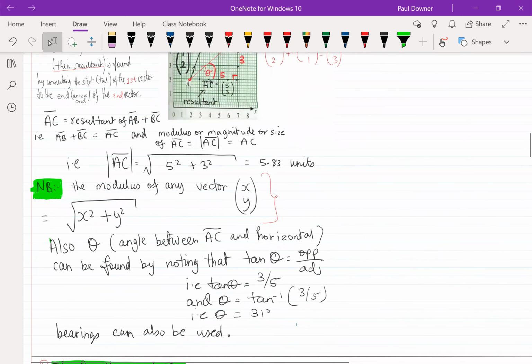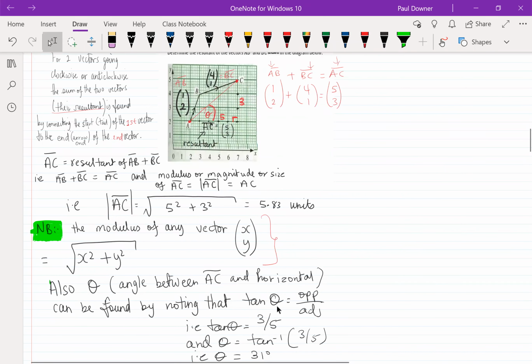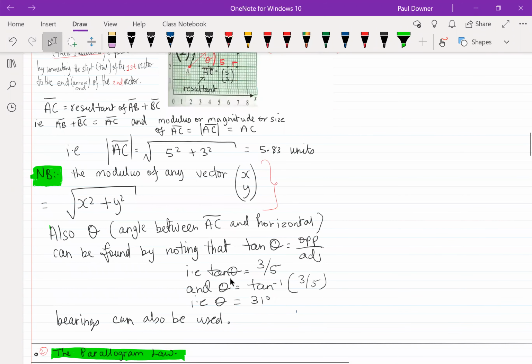So I could say that tan theta is 3 over 5, because 3 is the opposite and 5 is the adjacent. So that's not a problem. If I have tan theta is 3 over 5, then I could get theta by saying inverse tan of 3 over 5, right? But in this case, you would have to put it on your calculator.